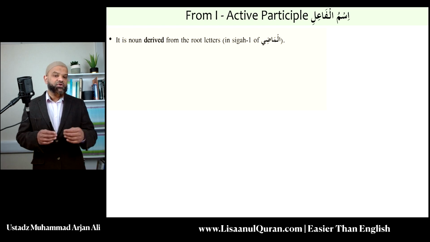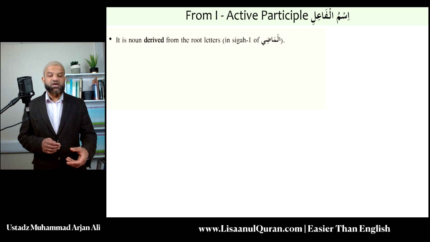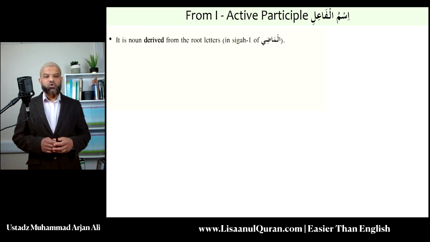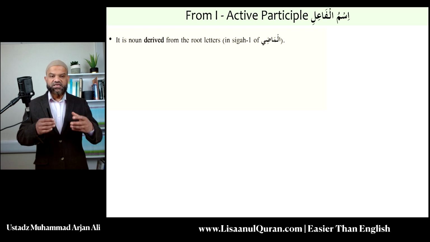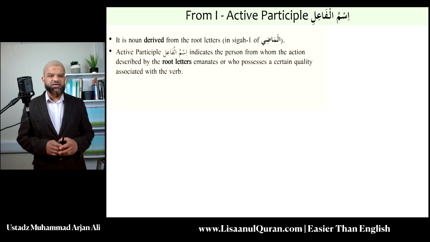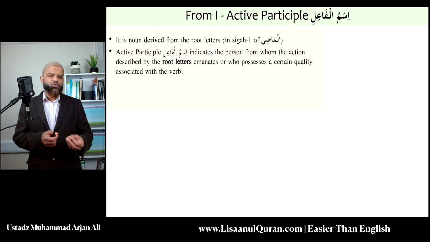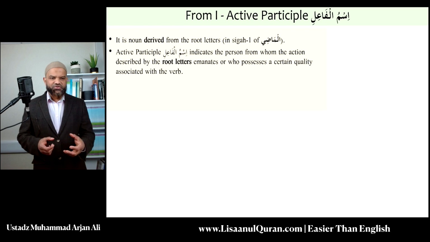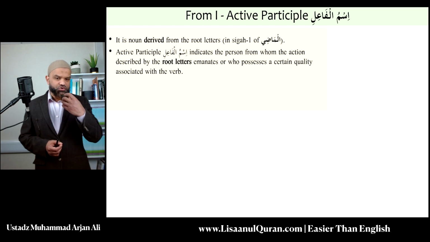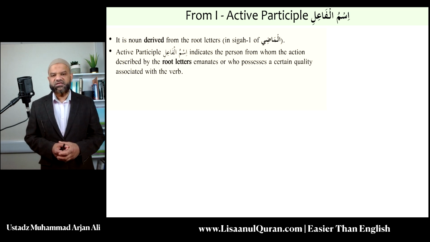Now, the same three root letters can also give us a noun. So one of the nouns it gives us is called the noun of the active participle. What do we mean by the active participle? It really is the word that indicates the person from whom the action has been done or comes out from, emanates. Also, it gives the person who has that quality that is described in the three root letters.